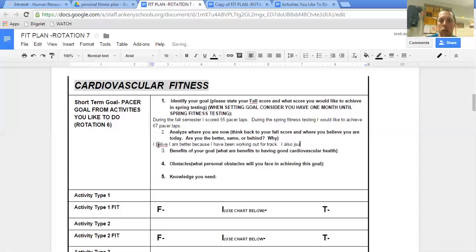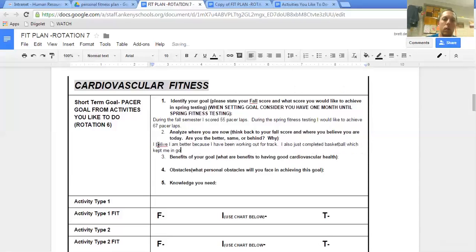I also just completed basketball, which kept me in good cardiovascular shape. And then I could go on. I could give other reasons for that.